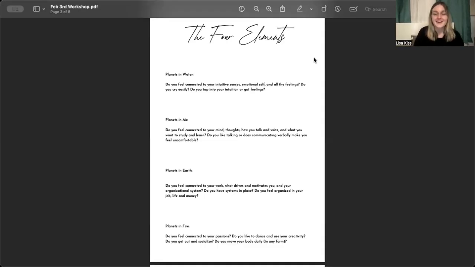Then the last element is fire. Fire is our passions, our creativity, getting out there, socializing, having fun, connecting with people. If you have a lot of fire in your chart, it gives off big life-of-the-party energy.